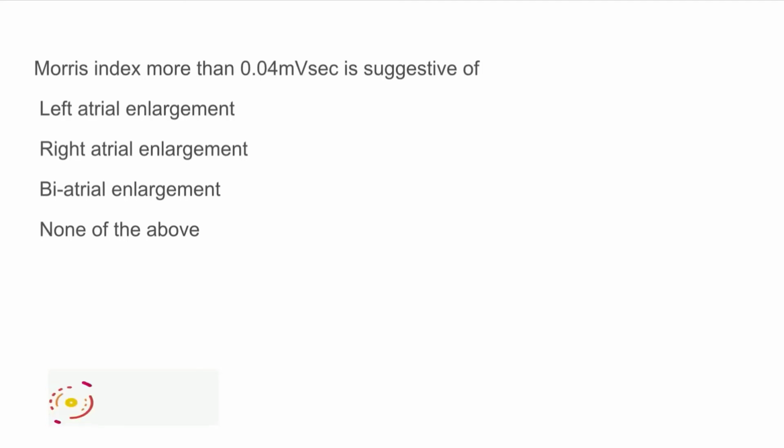Morris Index more than 0.04 millivolt second is suggestive of left atrial enlargement. For users who want to know what is Morris Index, I will just draw a P wave for you and a QRS complex for you.